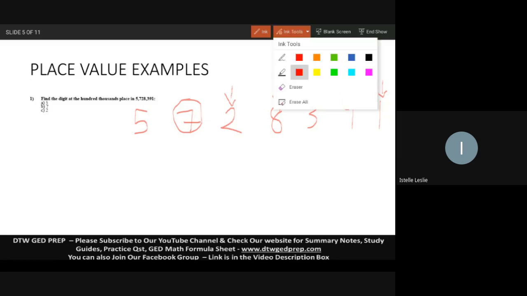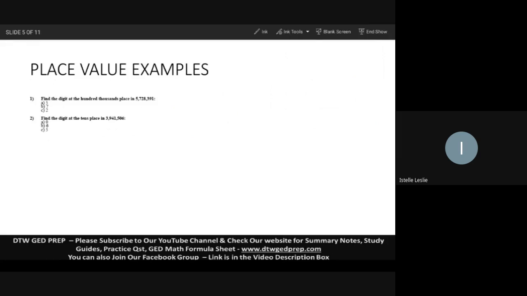Okay, so we move on. So for the next one, it says find the digit at the tens place. So what will be the digit at the tens place? So we can write it clearly so that everybody sees the number. So to locate the ones, we start from the last digit.